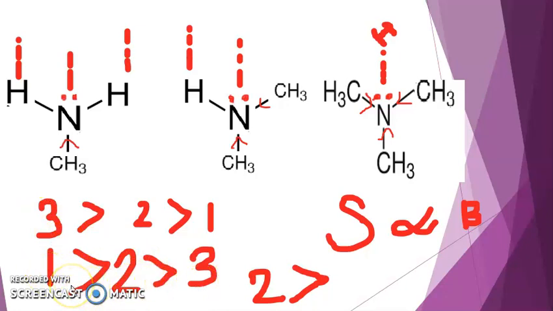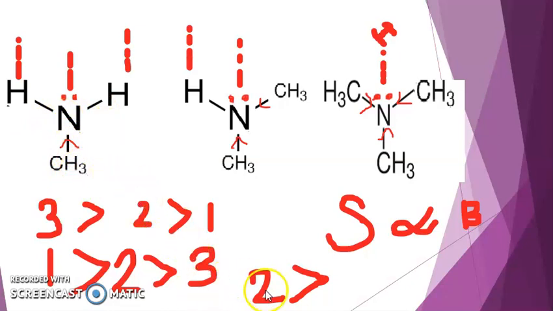Now come to the steric hindrance effect, to confirm the basic strength of the substituted amine. In the tertiary amine there are three methyl groups, so the steric hindrance will be more. In the primary amine there is one methyl group, so the steric hindrance is less.